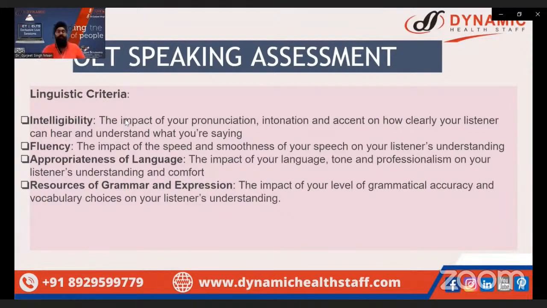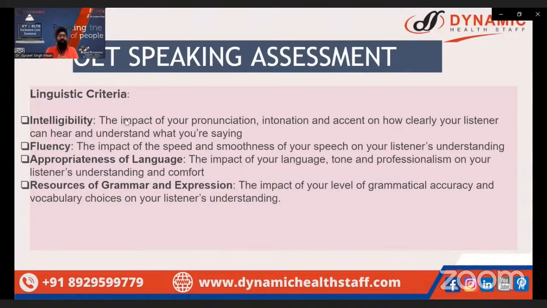These are the four criteria on the basis of which your language skills are assessed, how well you can speak English. Intelligibility assesses the impact of your pronunciation and your accent, how easily the listener can understand. There should not be a strain on the listener, trying a lot to understand whatever you are saying. That is known as intelligibility.